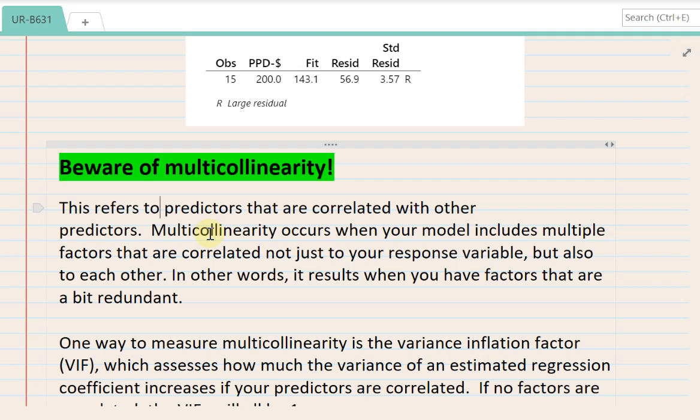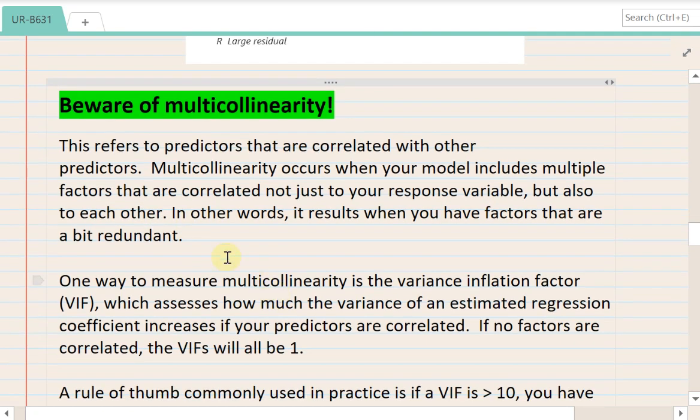So if I'm trying to measure, let's say, the body mass index based on those 2 variables, well, one of them is enough. I don't need both of those variables. So we have multiple factors that are correlated, not just with your response, but also with each other. So the factors become redundant here.